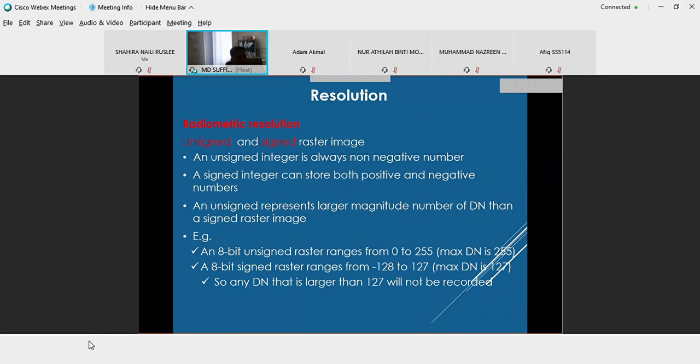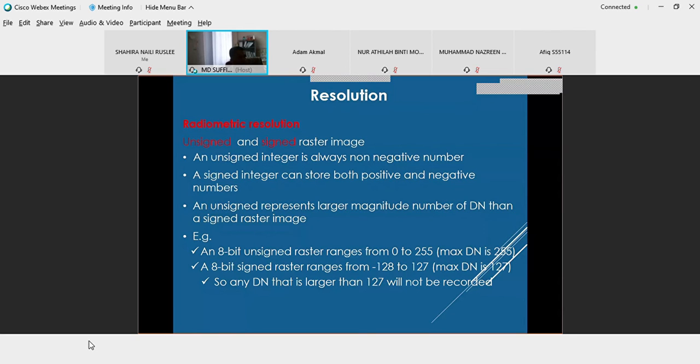Kalau you pakai katakan 8 bit, so dia punya digital count from 0 to 255. Kalau signed, bermaksud bahawa dia boleh store dia punya digital number ataupun gray values dalam positif ataupun negatif number.